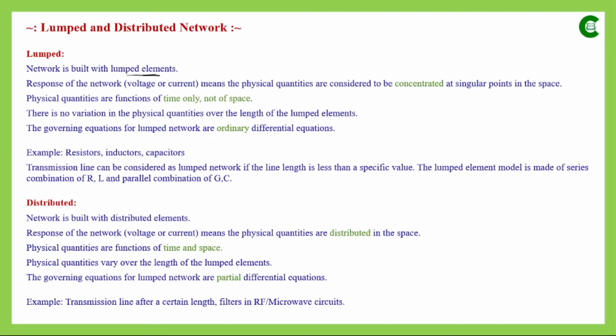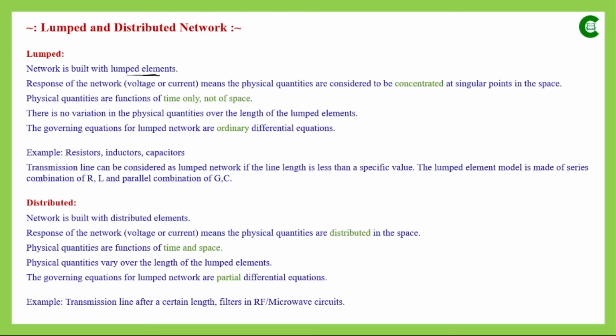Now, in case of a distributed network, the network is built with distributed elements. The response of the network, like voltage and current, are physical quantities which are also functions of space along with time. So this time these physical quantities will vary with space. They are not concentrated at singular points in space like in a lumped network, rather they are distributed in space.